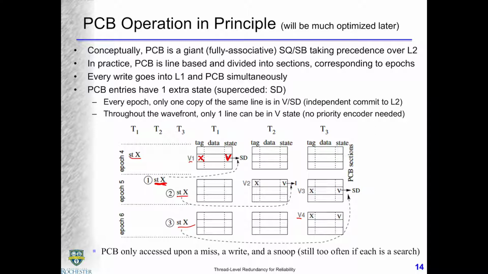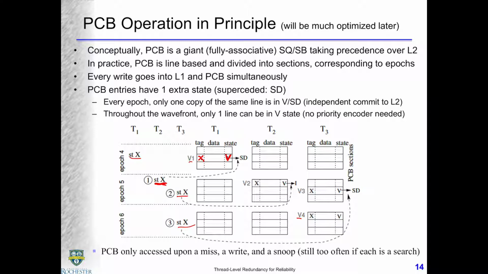So really, PCB is part of your cache. So anything you know about cache coherence applies here. So if I want to invalidate a line, what I used to do is I go to that cache, I check to see if it has the line in its cache, and if it exists, I invalidate it. This whole thing has to be done as well.